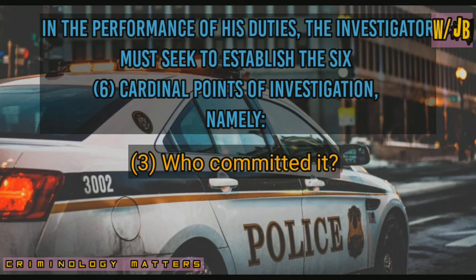And also, as the criminal investigator, it must be his responsibility to determine who committed the crime, as we cannot file a case if we don't have any suspect or any accused. Okay, so it's very important that the criminal investigator must collect information or provide evidence to prove the identity of the suspect.